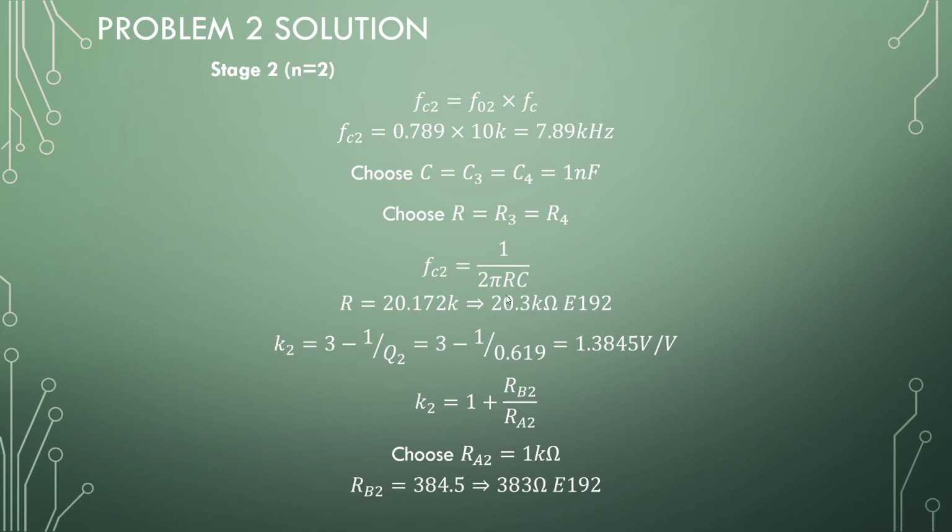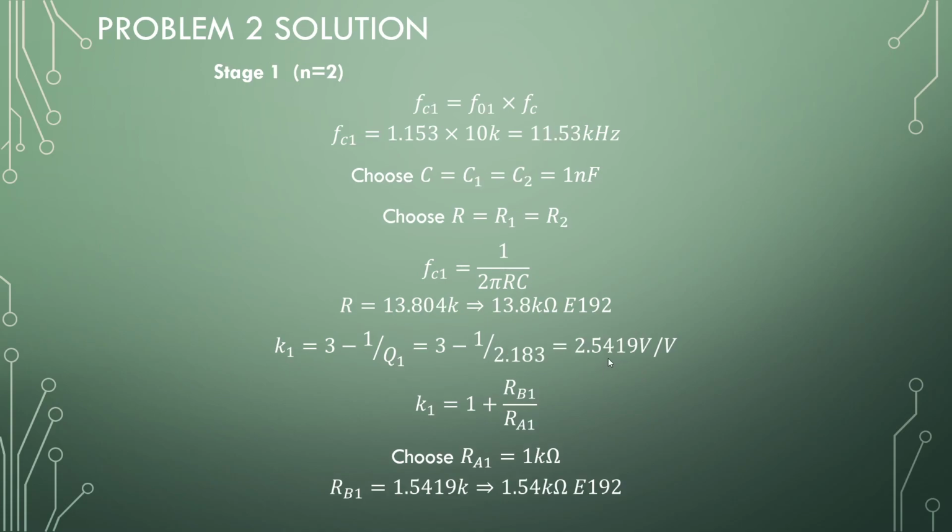I'll show you in the simulation. Right, here we're also using the lower Q factor, and our gain reduces to 1.384 volts per volt, and with a selection of a 1 kilo ohm resistor, we get a 383 ohm resistor here for RB. Right, that is the second stage.